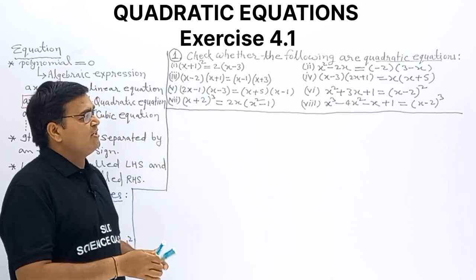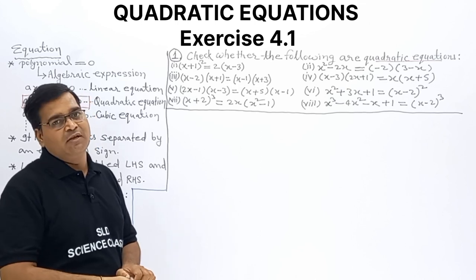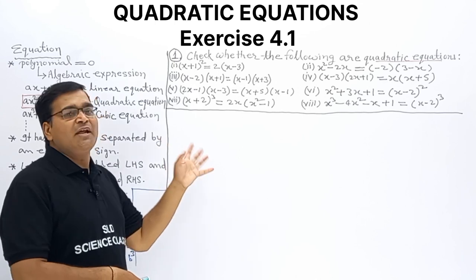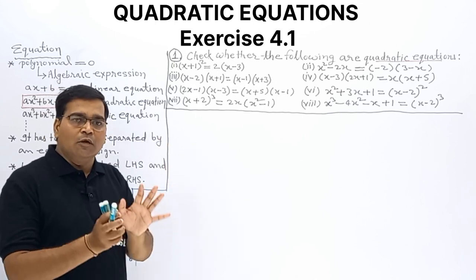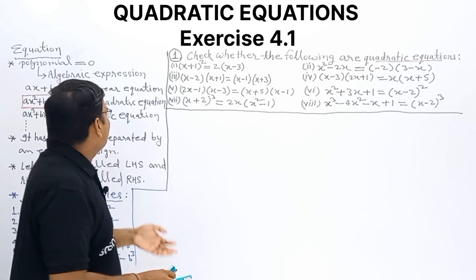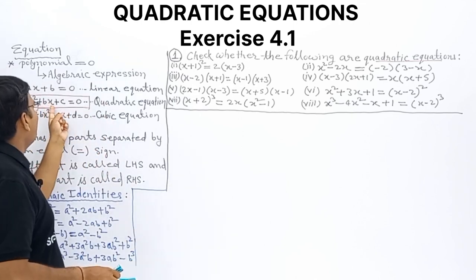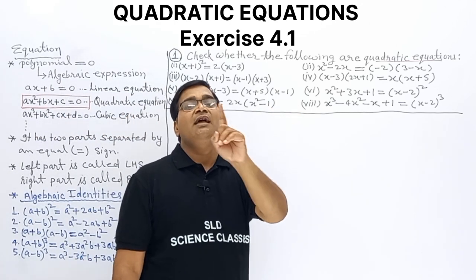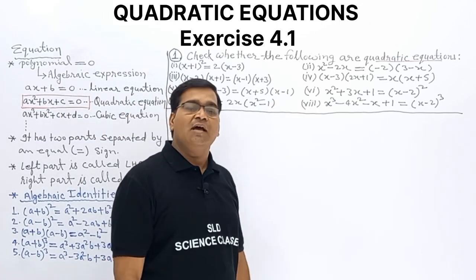In all questions we are having two parts and an equal sign. So we solve left and right and transpose everything into the left side. If we are getting this form ax square plus bx plus c, then we can say that one is a quadratic equation, otherwise not.